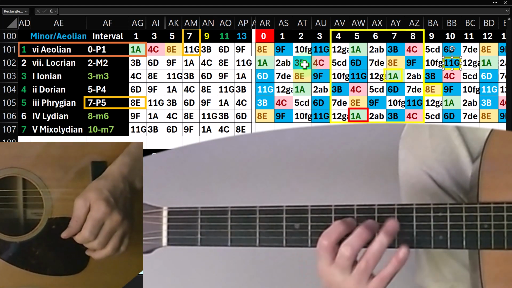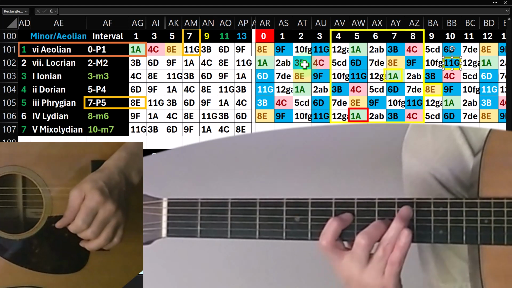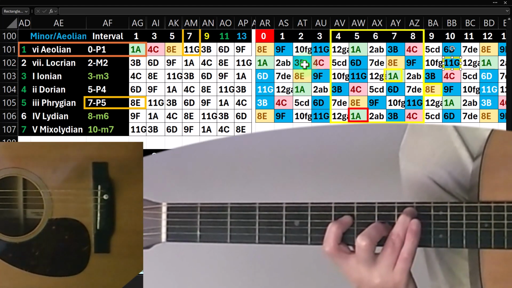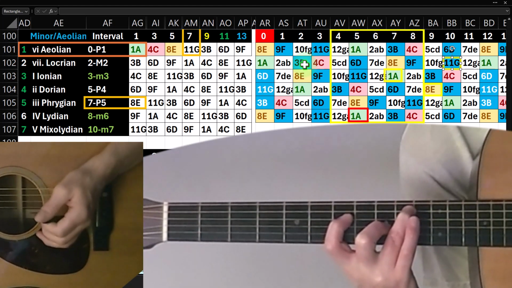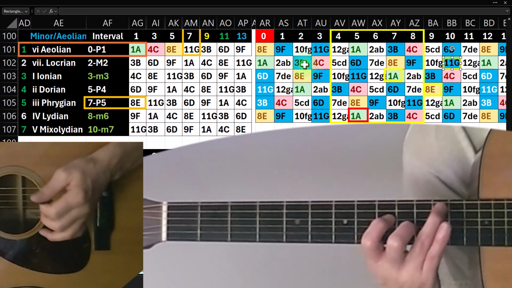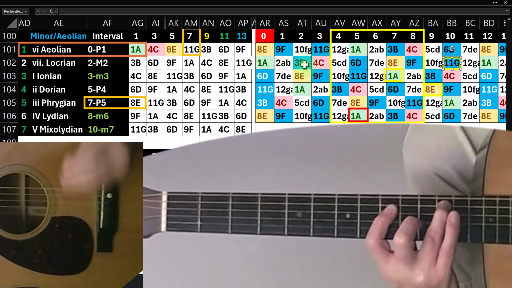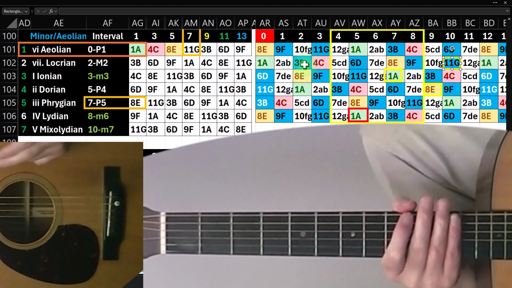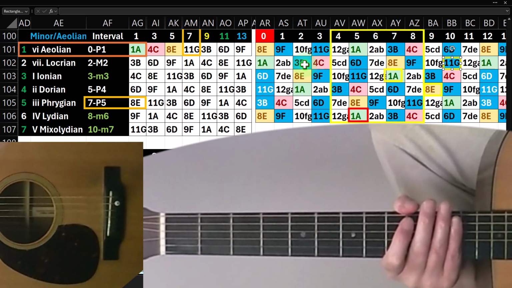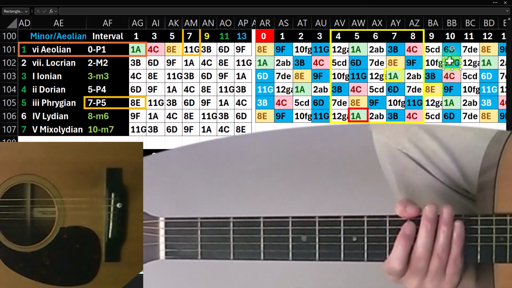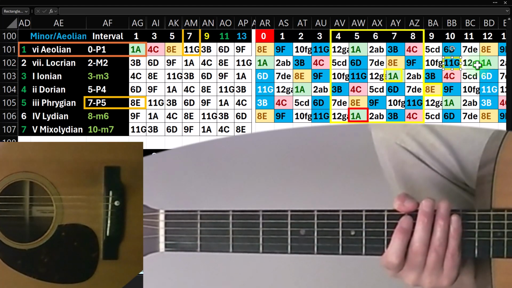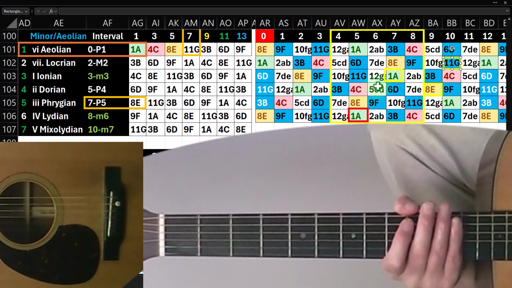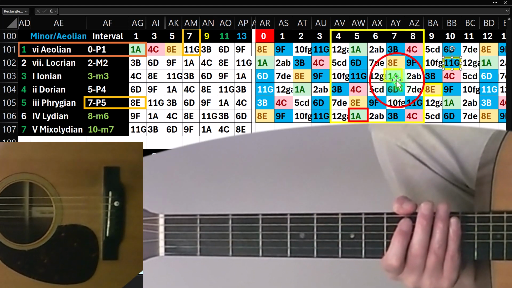And then I'm going to go to this string, reach down here, do whatever fits in the pattern, and then reach up here to whatever fits in the pattern, right? And then I'm going to go here and do the same thing. And that's going to sound somewhat coherent because it's a similar shape, but you've changed it to fit in the key, so it's always going to fit in the key, and that'll help get the shape down. And again, you can then try a different one, right?